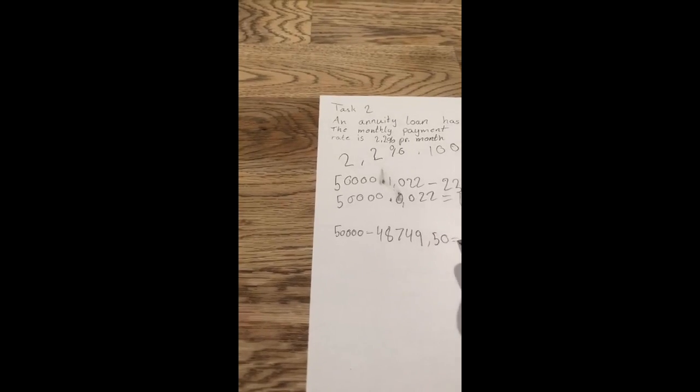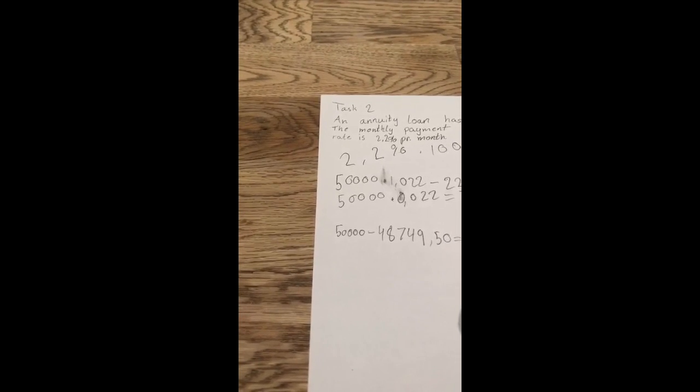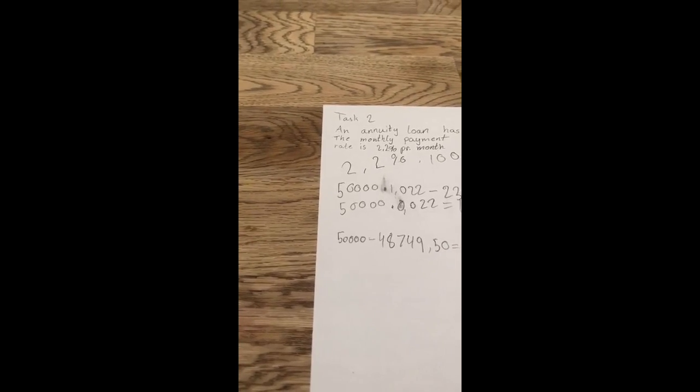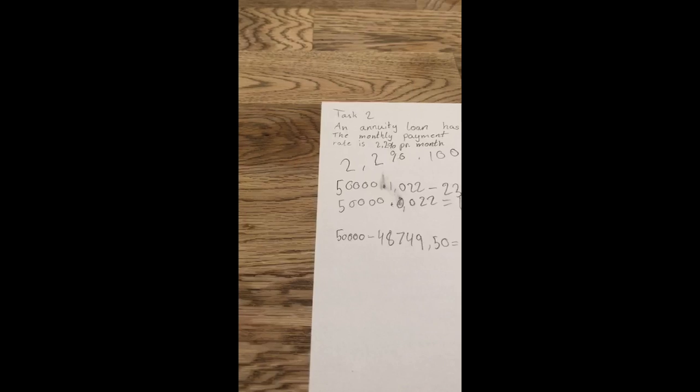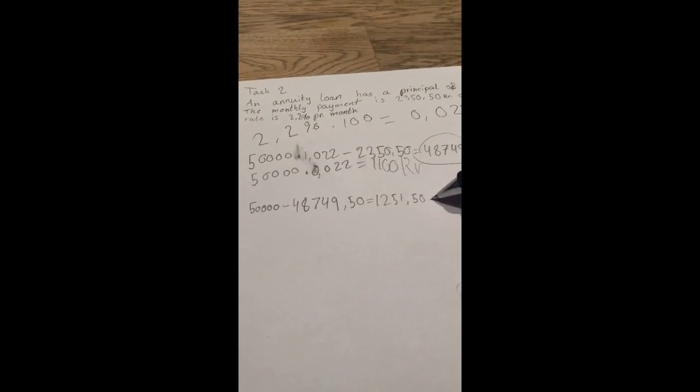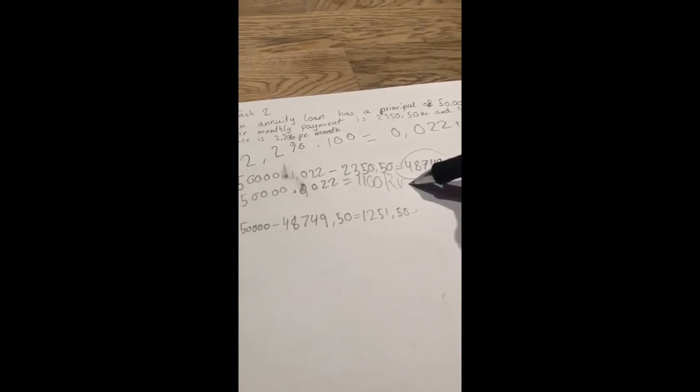Now this equals 1,250.50. This is the installment. This is what you actually pay. This is the interest, what you pay in interest, and this is the remaining debt.